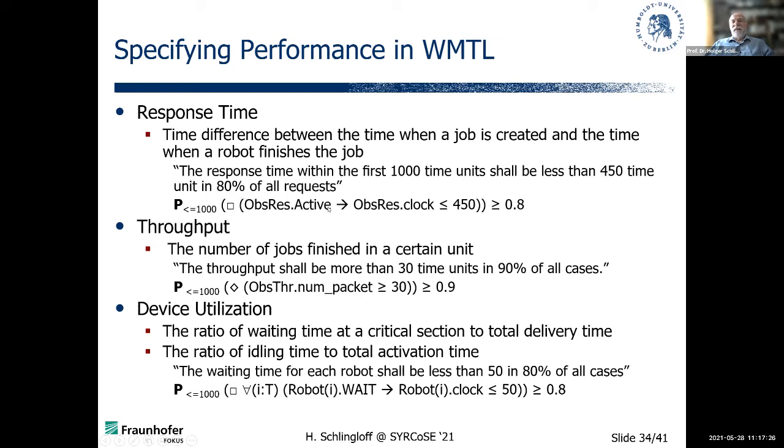This is a way to formulate that the time difference between the time when a job is created and the time when a robot finishes the job is reasonably low. So the response time is good in some sense, or the throughput can be specified in this temporal logic. I'm not going into details there. If you're interested, please drop me a note. There are papers where this is written down in detail.